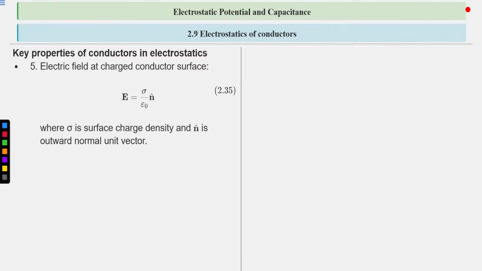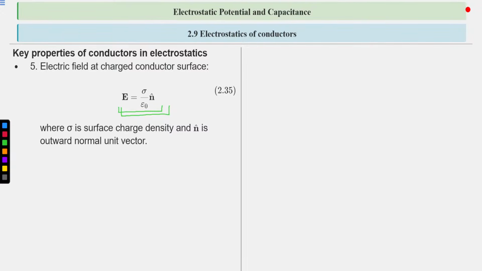Okay, another key property: electric field at a charged surface is equal to sigma by epsilon naught times n cap. We know this value from when we did Gauss law, when we came to know that the electric field due to any sheet or plane surface is sigma by epsilon naught.